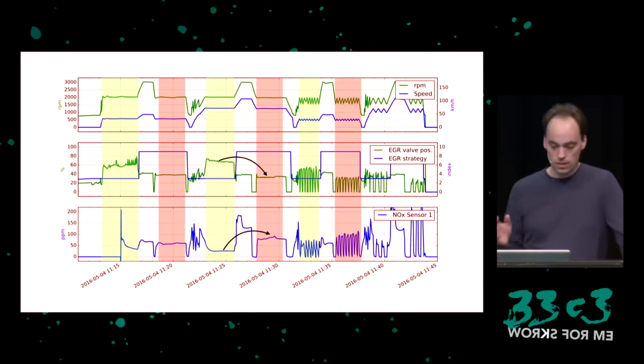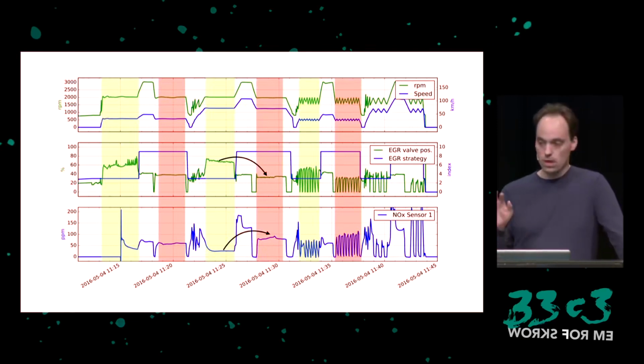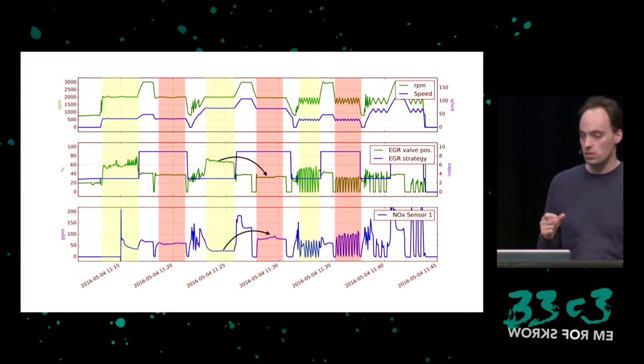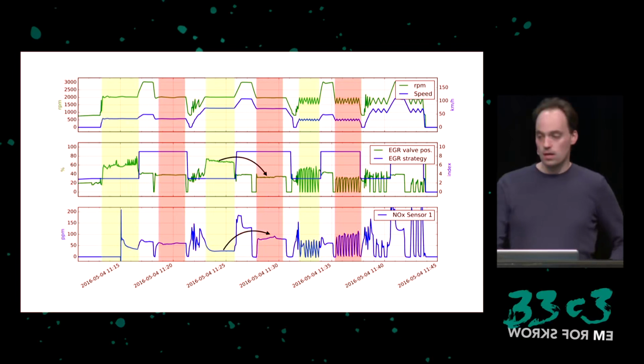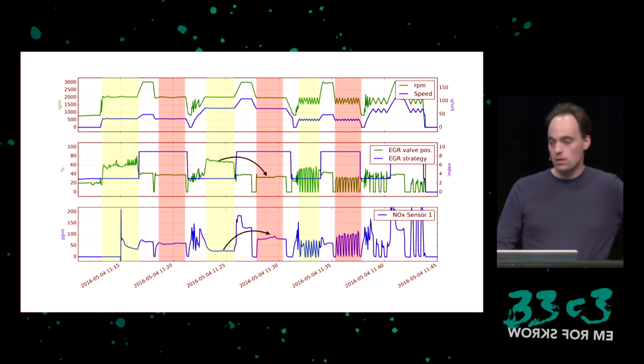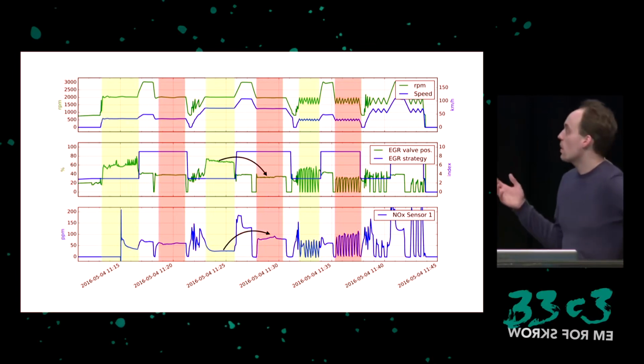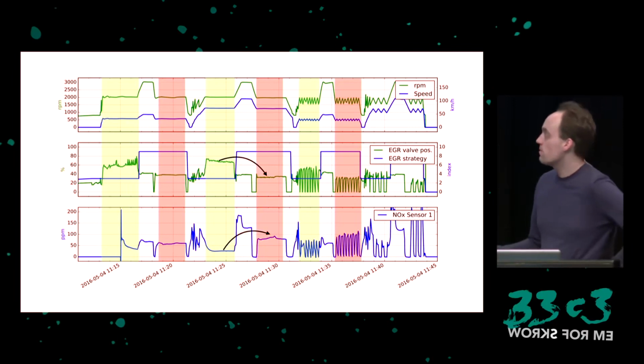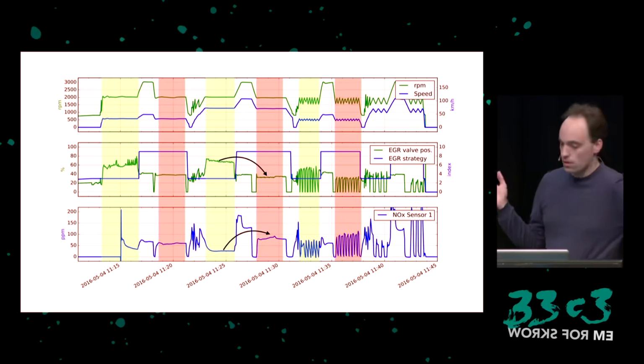And this is a slightly convoluted diagram. If you look at the green and red bars in the middle, you can see what happens before and after exceeding the limit just once. In the middle, you can see the EGR valve position. And you can see that we get pretty high values, maybe 65% or something, before exceeding the load limit once.